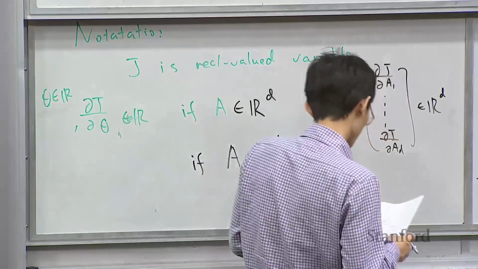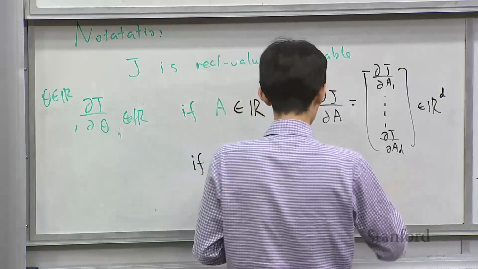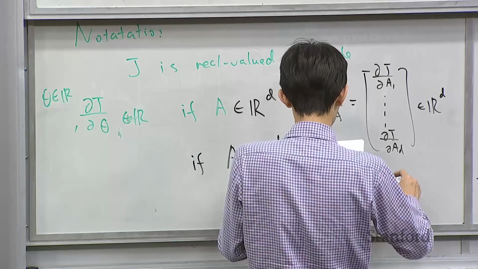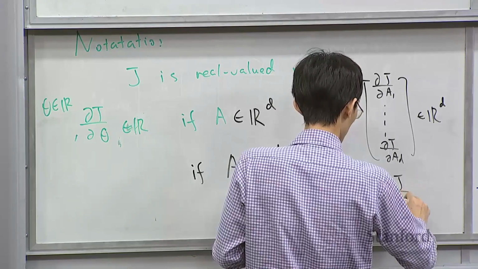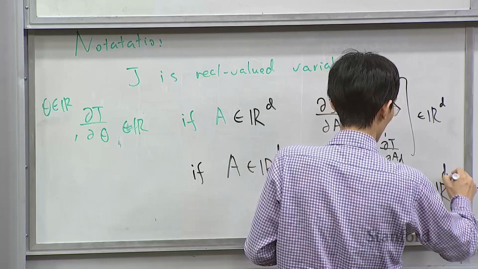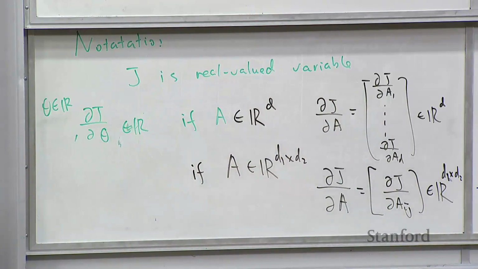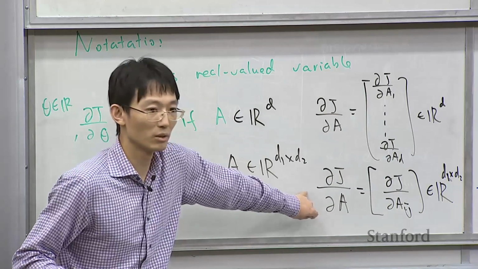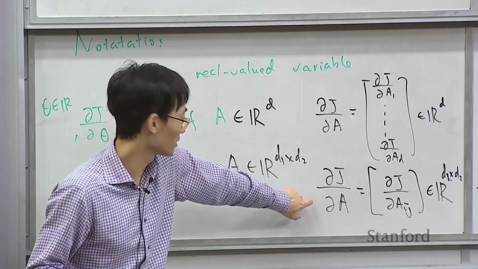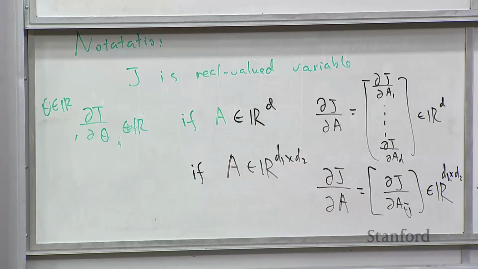For this course, this has the same shape as A. It is all the partial derivatives, and it has exactly the same shape as A itself. So in this course's notation, this kind of derivative or gradient, whatever you call it, always has the same shape as the original variable.